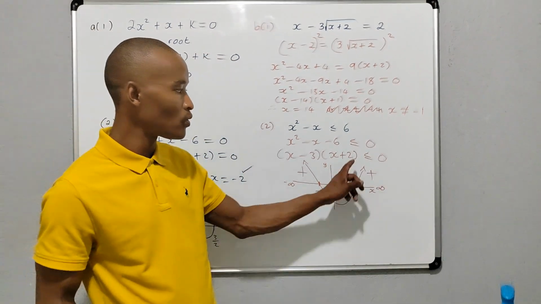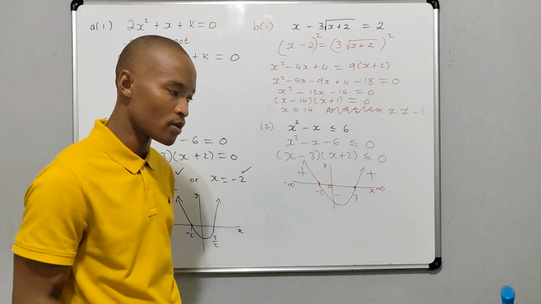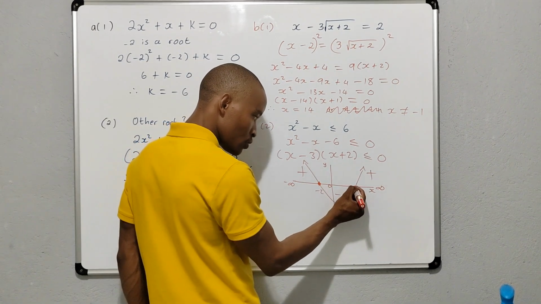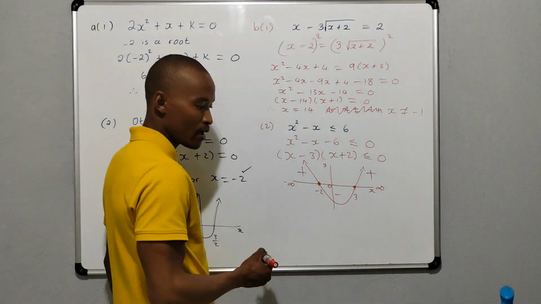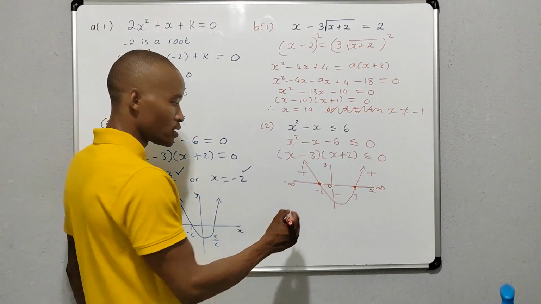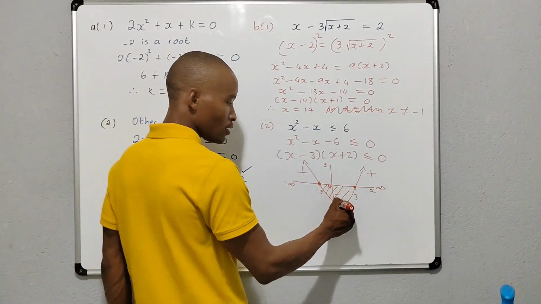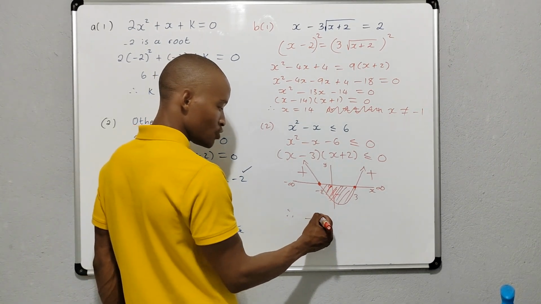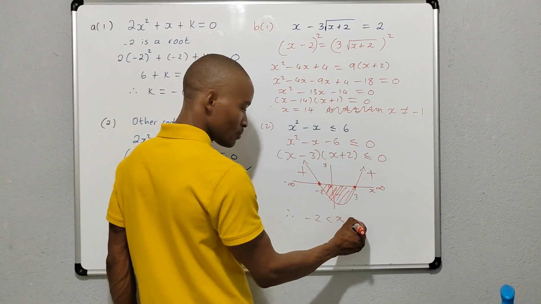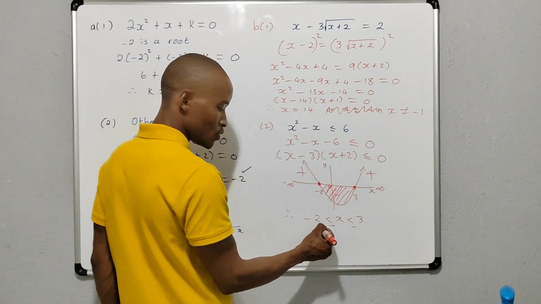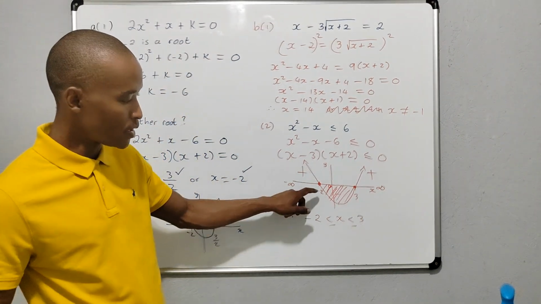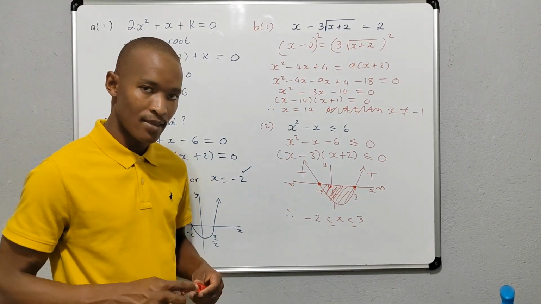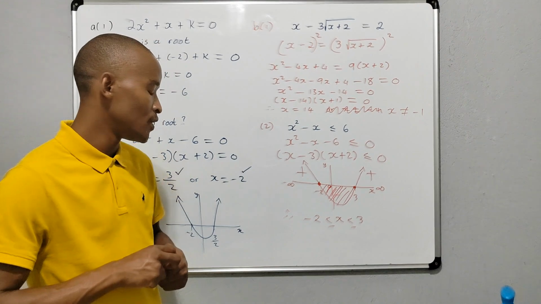What are we looking for? We're looking for less than or equal to 0. So the graph must be at the root or below the x-axis. So this is the region or interval that satisfies this inequality. Therefore, x is between -2 and 3, and we do accept that it can be on the x-axis, as the x-intercept or as the critical value.